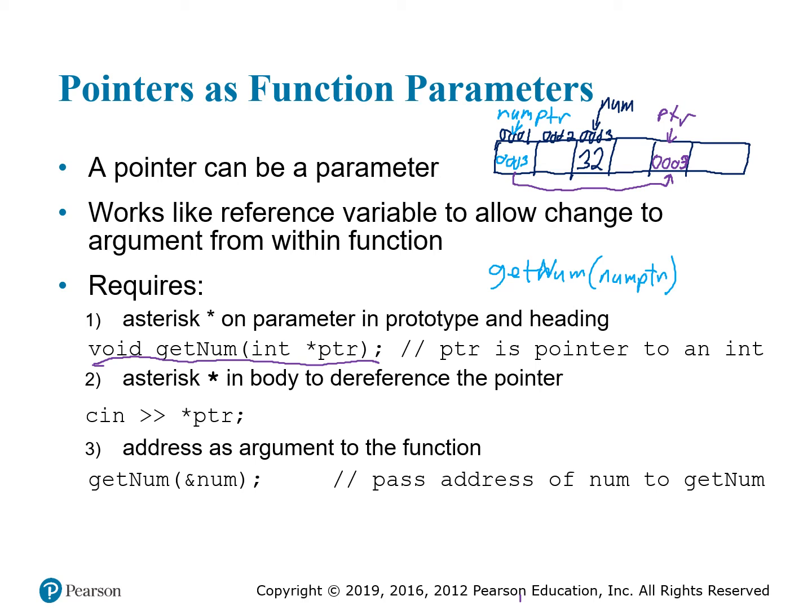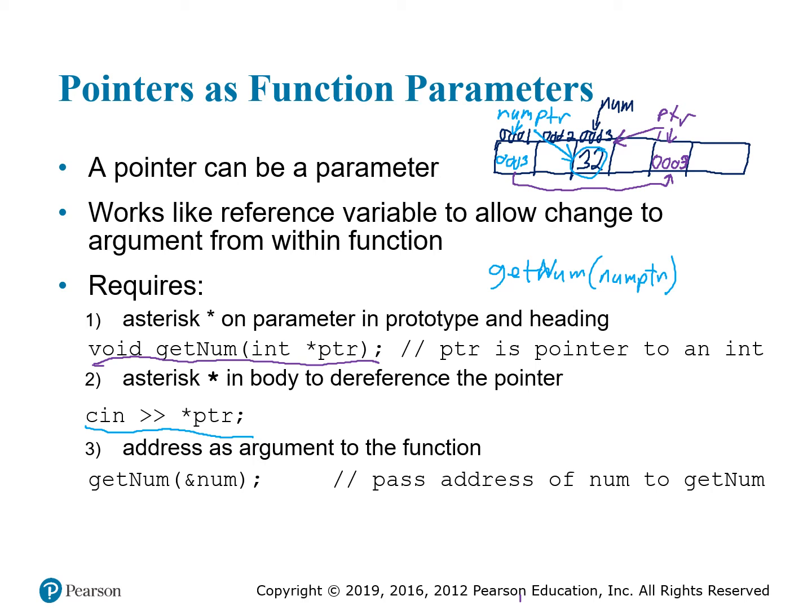And so now pointer points to the same value in memory that num pointer pointed to. And if we say star pointer equals something, we're going to change the value of 32.